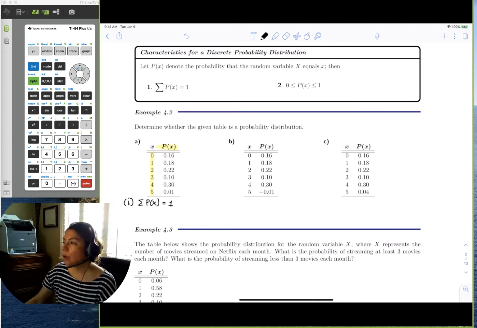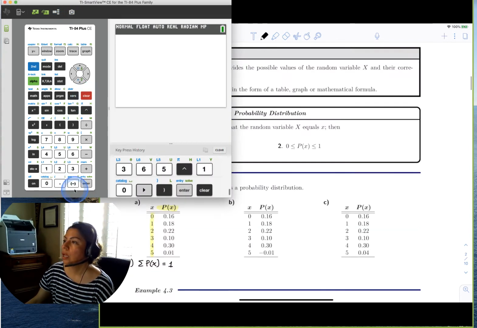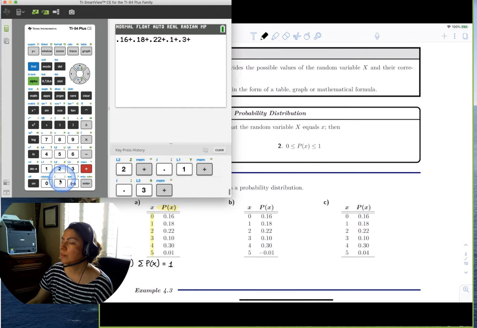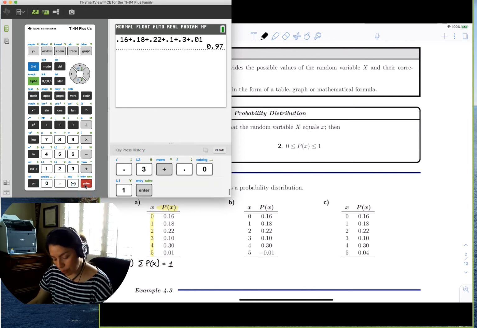So if I added up all these probabilities, let's say on the calculator, I would have 0.16 plus 0.18 plus 0.22 plus 0.1 plus 0.3 plus 0.01. And that equals 0.97.